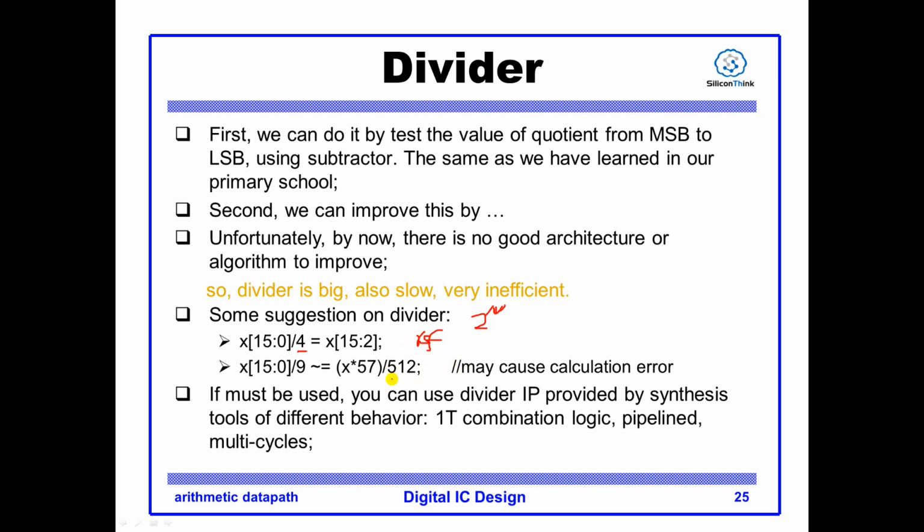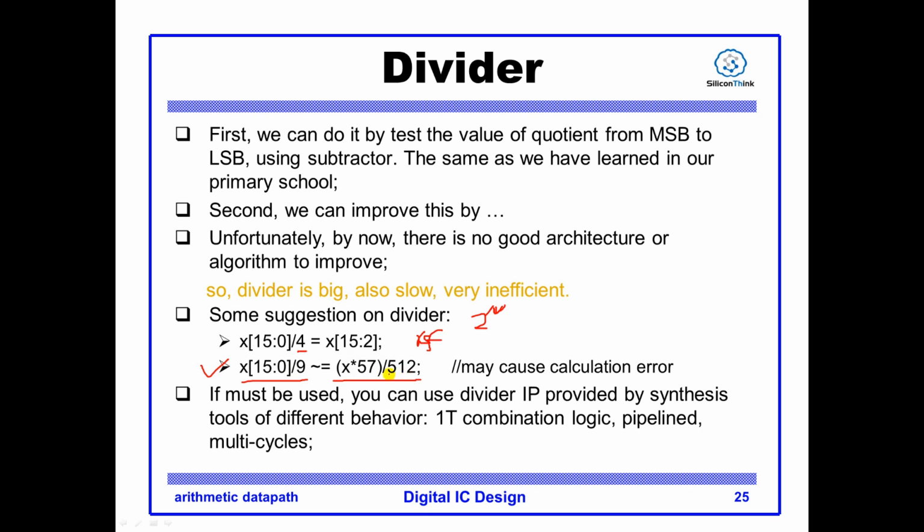Or, if you don't require accuracy, you can try this. The result of this part and this part is nearly the same. You can change divider to the operation of multiply and shift.